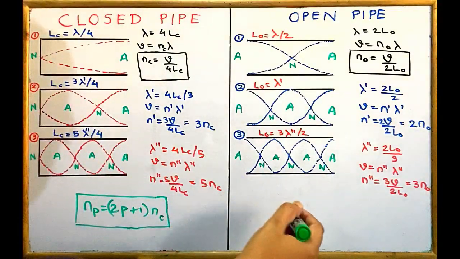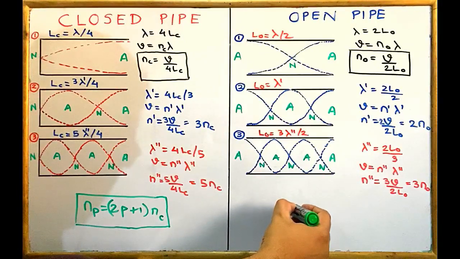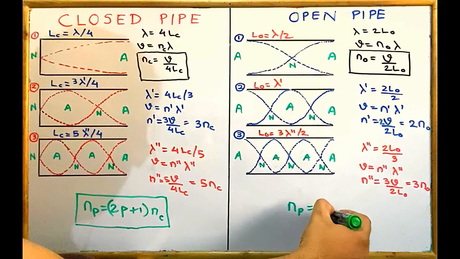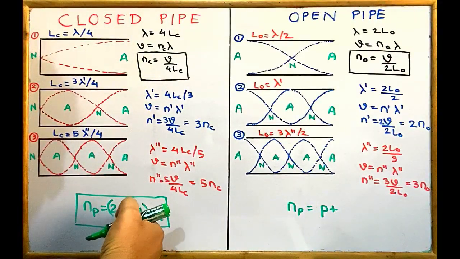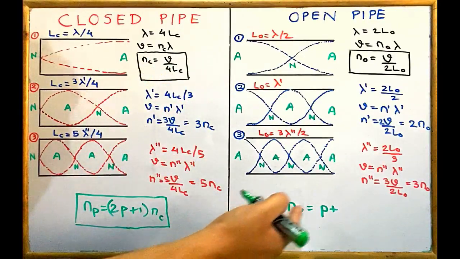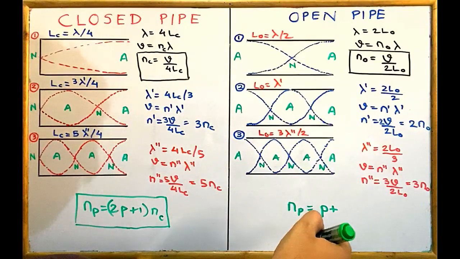and so on. So here in the case of an open pipe, if I want to generalize and get a formula for the pth overtone, what is it going to be? It is not just an odd number, odd harmonics, the even harmonics are missing in the closed pipe, but here in the case of an open pipe we have the odd as well as the even harmonics.